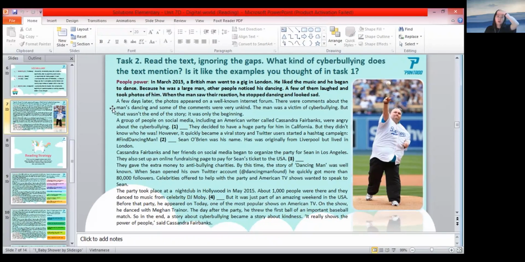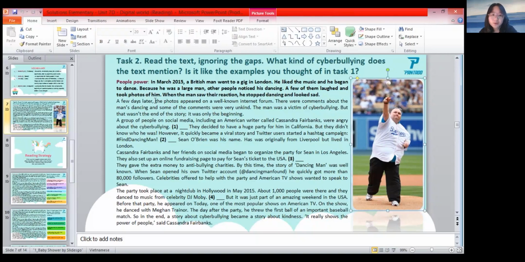Okay, now we're gonna discuss this one together. So this picture is about dancing, a man dancing. Yeah.